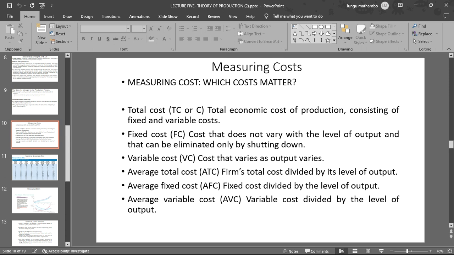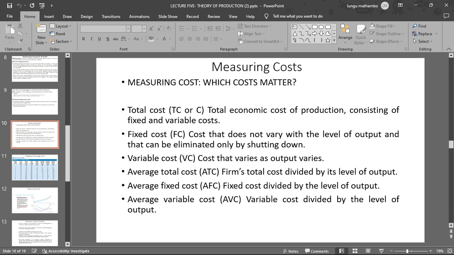So today we're going to look at measuring costs. Okay, so yesterday, before we got interrupted, we talked about the three types of costs that we have.